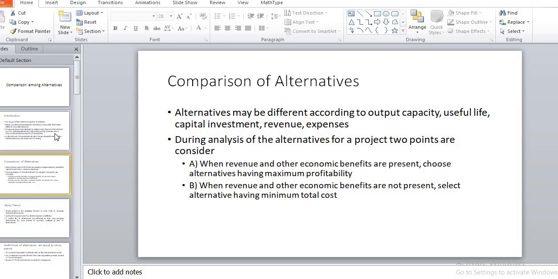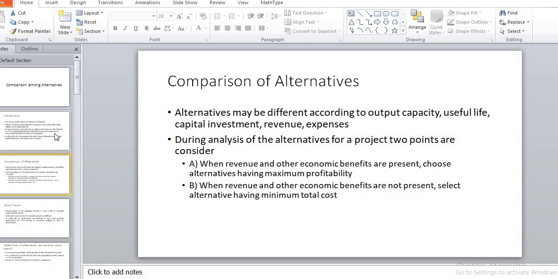How do we compare these projects then? If the data for revenue and other economic benefits are available, we can compare the projects or alternatives on maximum profitability.